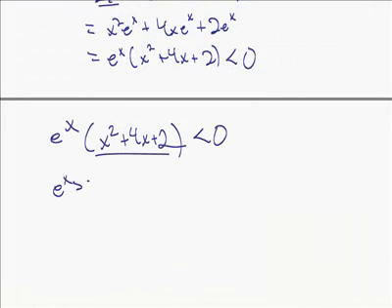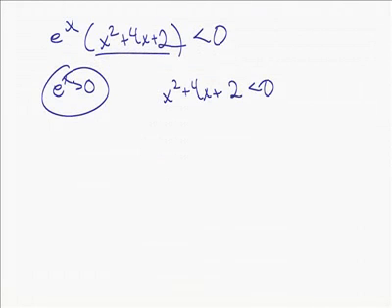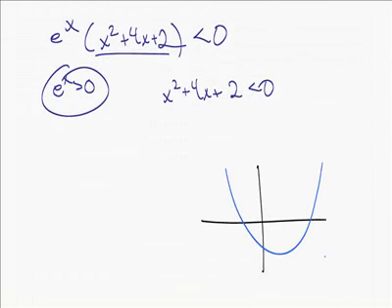e to the x is always greater than 0. So the only way this thing can be negative is if this polynomial part, x squared plus 4x plus 2, is less than 0. Now, you need to find out where this is going to be less than 0. Think about what you're looking at here. You're looking at a quadratic function, which opens up.